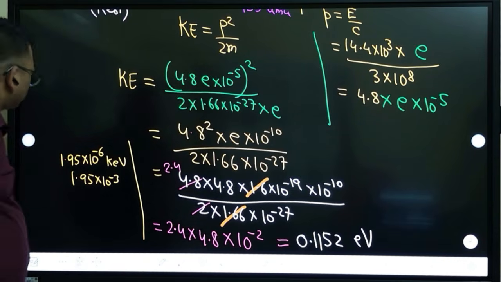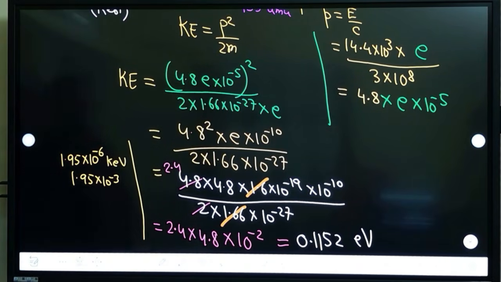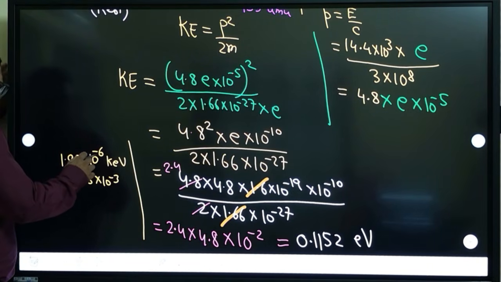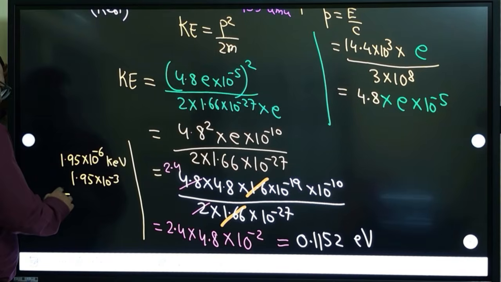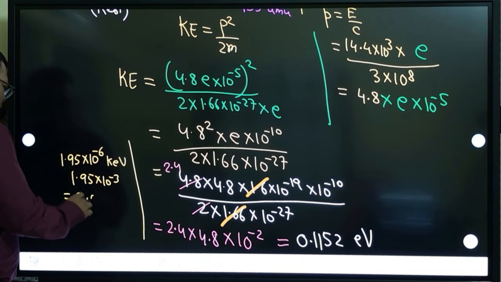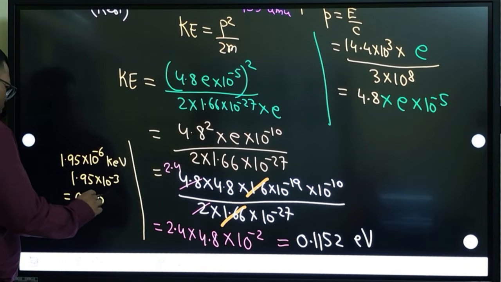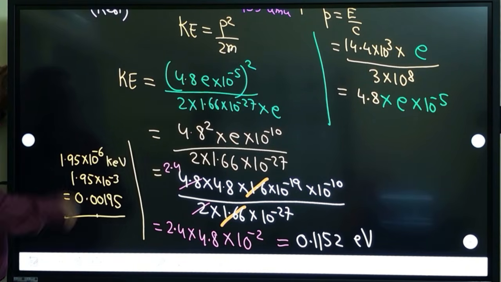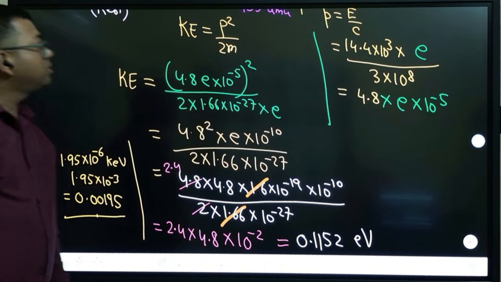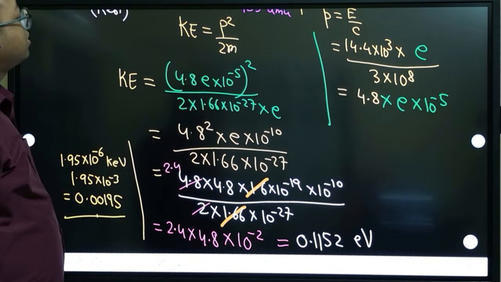Kilo electron volt is not needed, because here if you see 10 power minus 6 means 10 to the power 3, so 10 power minus 3 will come. According to this answer it is coming 0.00195, correct? No, no, this is not coming. You check the calculation. This is the calculation we are getting.